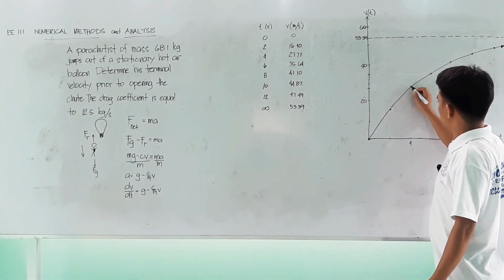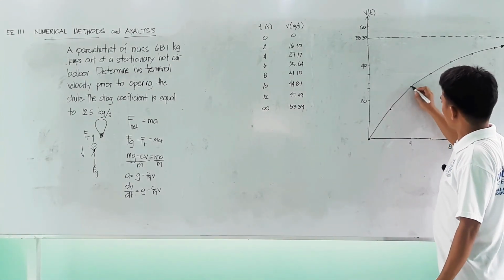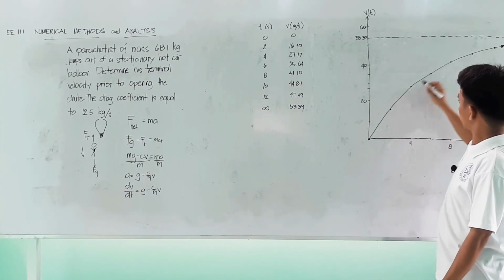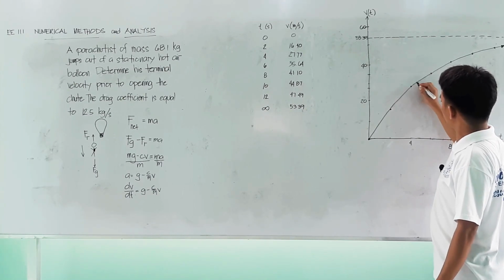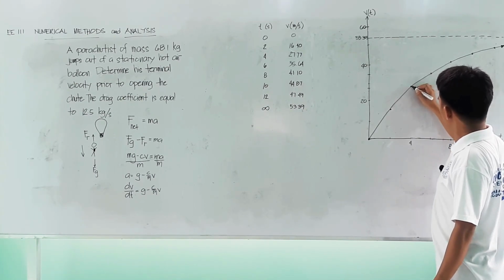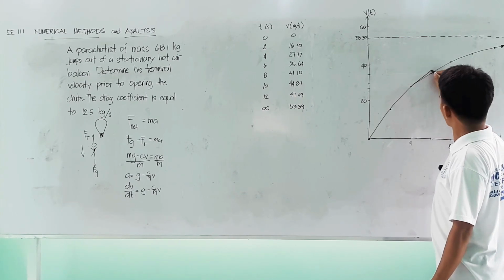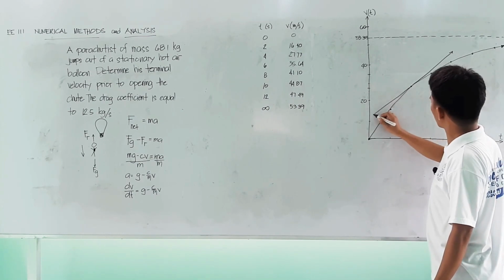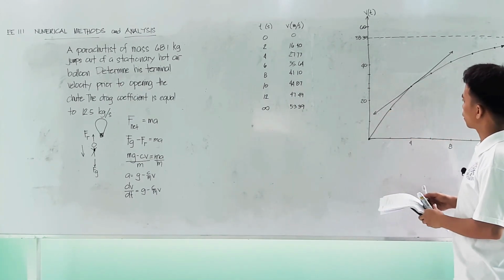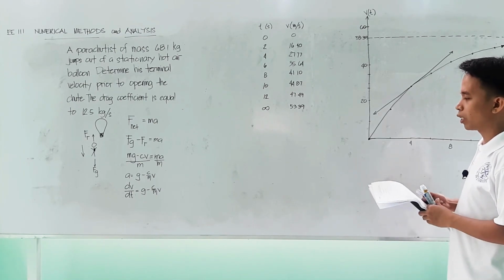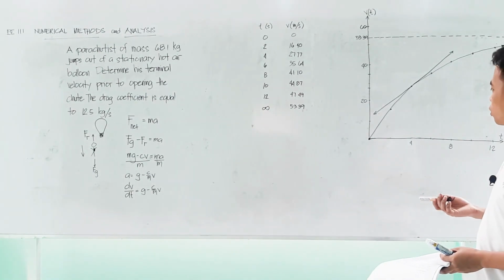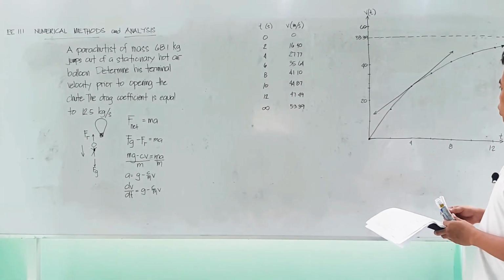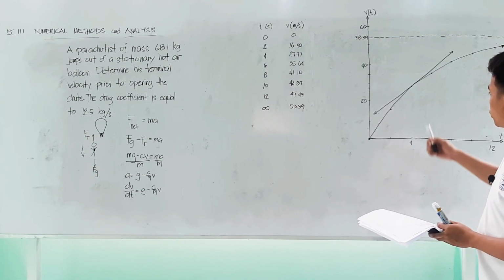So let's say at this point, the derivative of our function at this point is equal to this slope. Now in our numerical method, we approximate. So how do we approximate this slope?